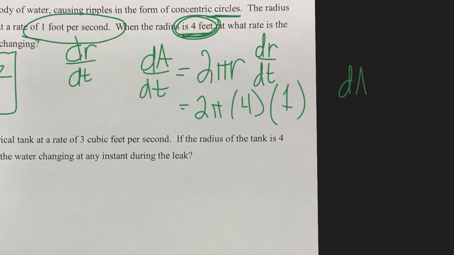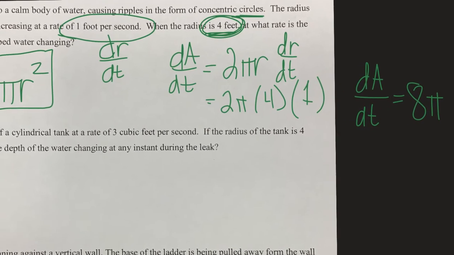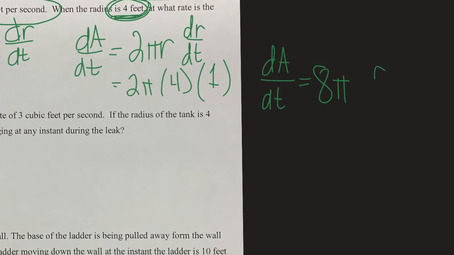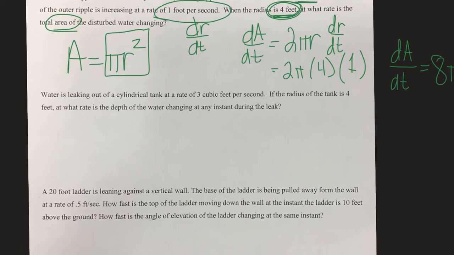So the area is changing with respect to time at a rate of 8 pi. We have feet per second, so square feet per second, because area is a squared unit. The units of rates for area are square feet per second. And that's a rate problem. Ain't nothing to it.